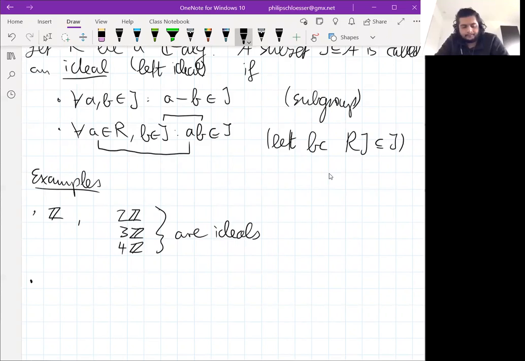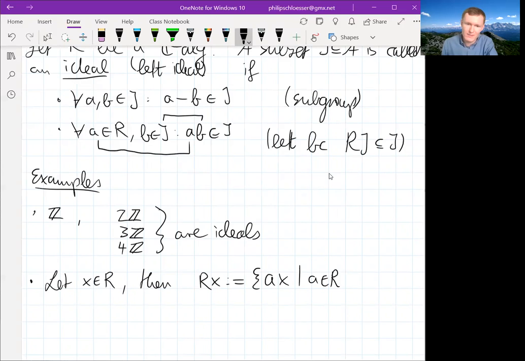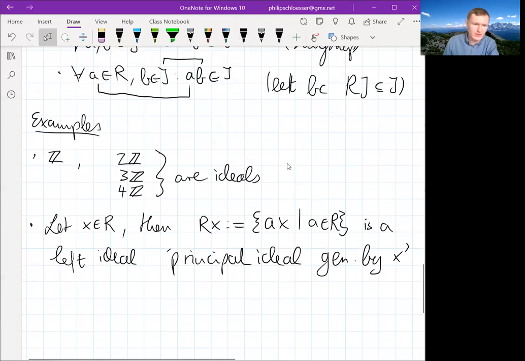And generally, if R is an algebra and x is some element, then Rx, the set of objects of the form a times x for a in R, is a left ideal called the principal ideal generated by x, and we will write it as x within these ideal brackets.